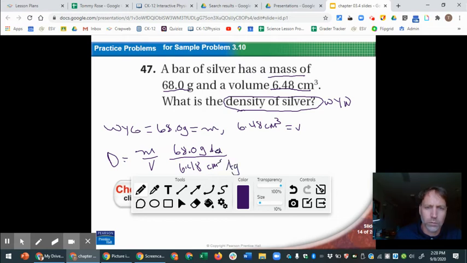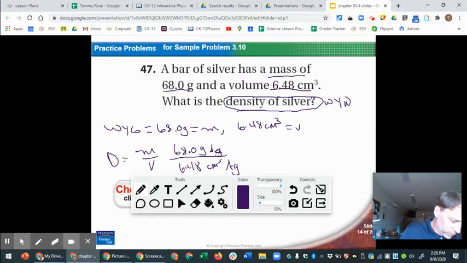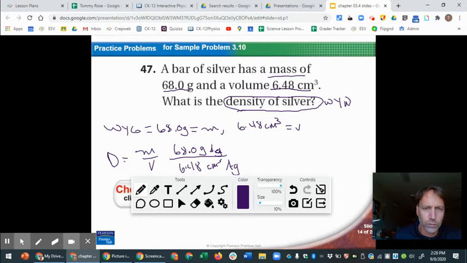So we'll calculate 68.0 divided by 6.48 on our calculator with 3 significant figures. This 0 is significant because there's a decimal point there. So it's going to be 10.